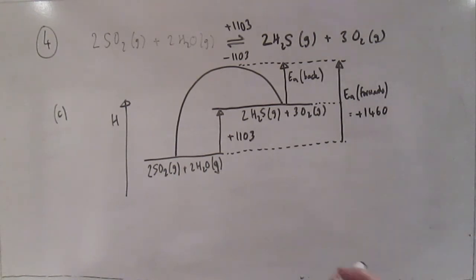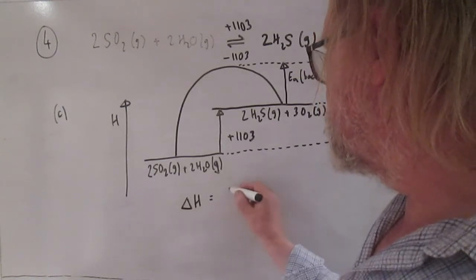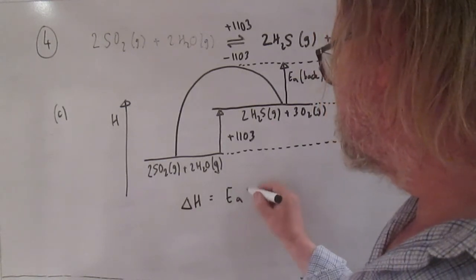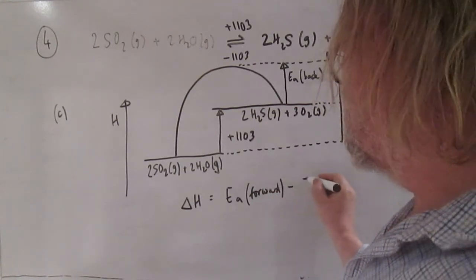The alternative is just to learn the general relationship, which is that delta H is equal to the forward activation energy minus the reverse one.